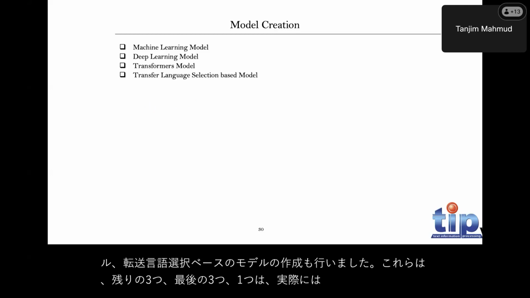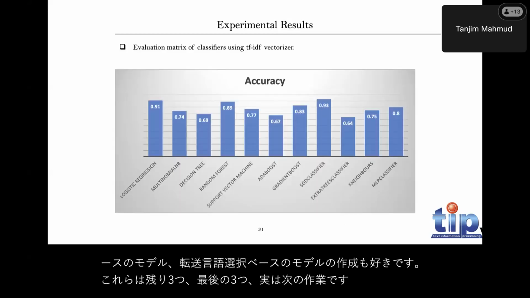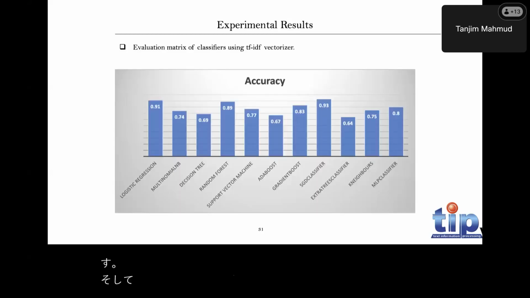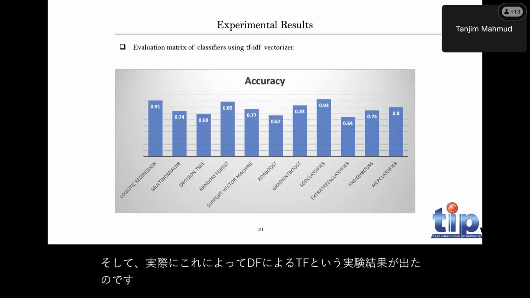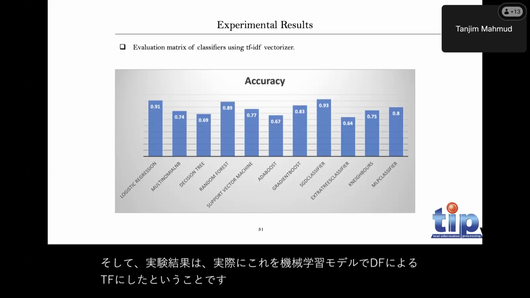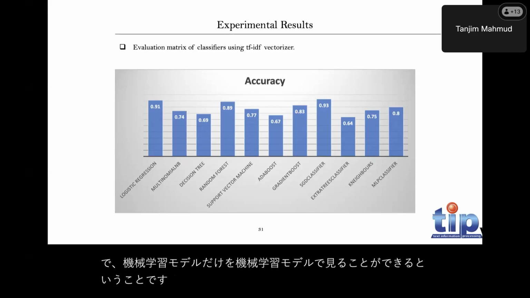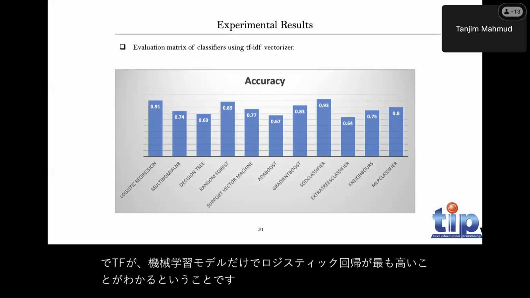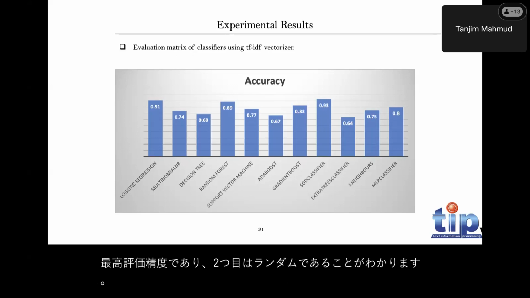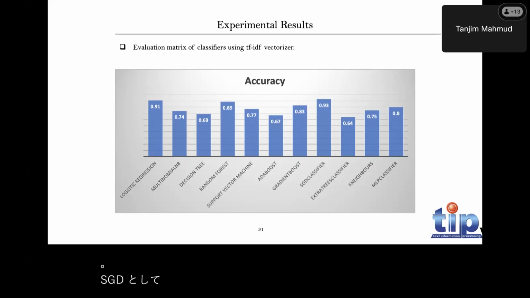For the experiment results, with TF-IDF and machine learning models, logistic regression has the highest accuracy at 91%, and the second is SGD classifier at 93%.